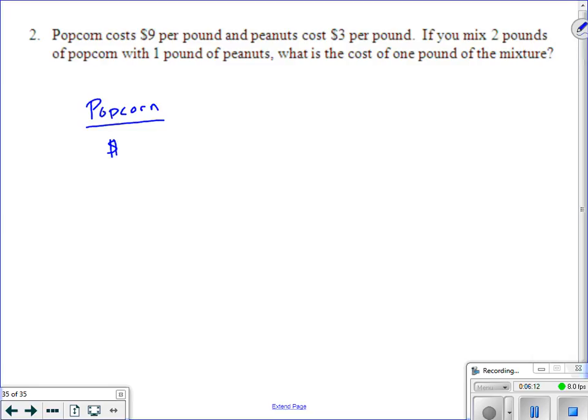I know that costs $9 per pound, and I need 2 pounds of it. 9 times 2 is 18, so it's $18 for the 2 pounds.